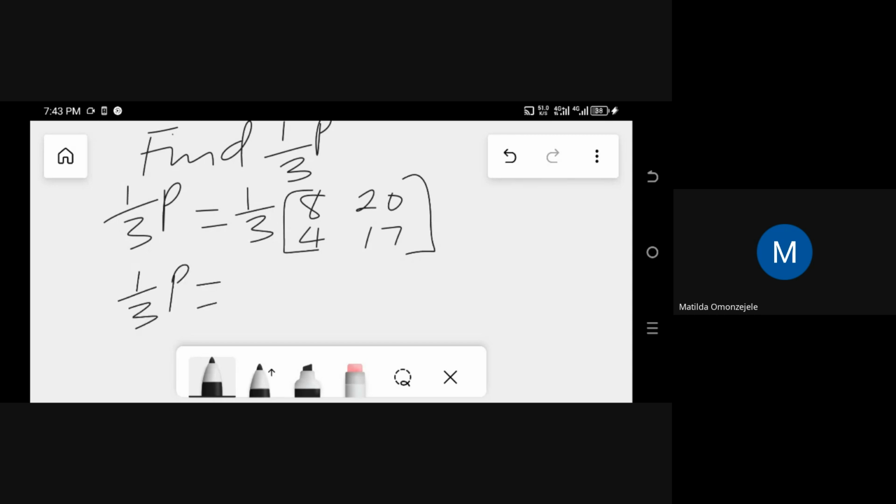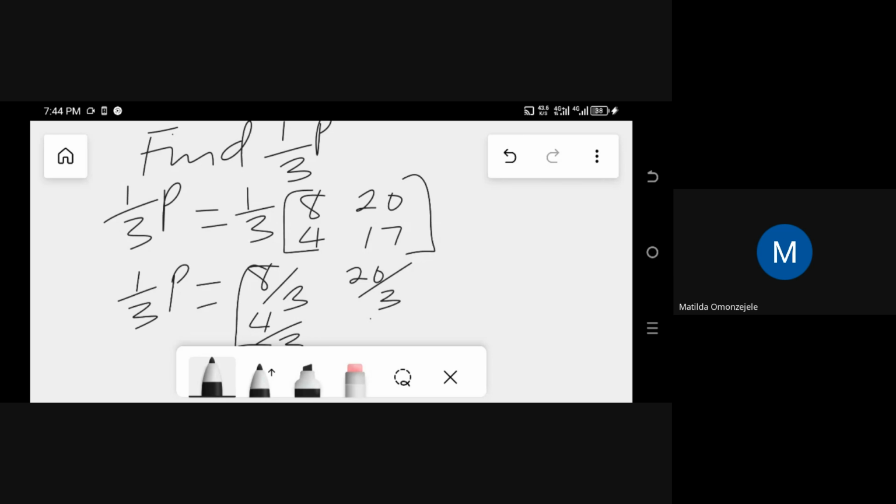1/3 of P is equal to, when 1/3 multiplies 8, you have 8/3. 1/3 multiplies 20, you have 20/3. 1/3 multiplies 4, you have 4/3.